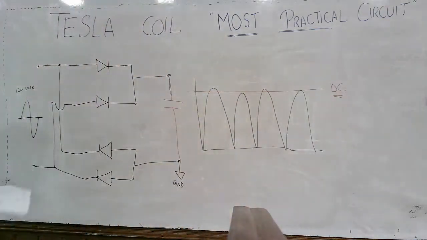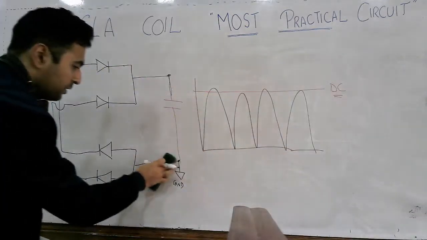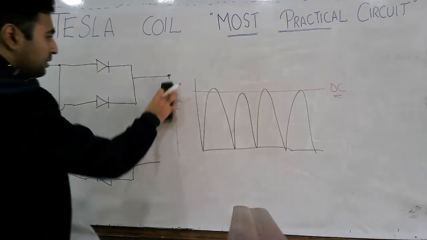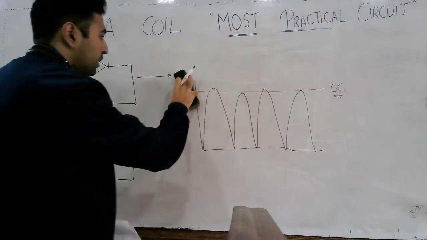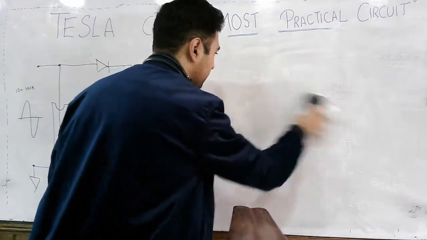So what we are going to do is remove this ground reference from here and put the ground reference here, and also remove this capacitor from here. So which type of waveform will we be getting? Let's see.